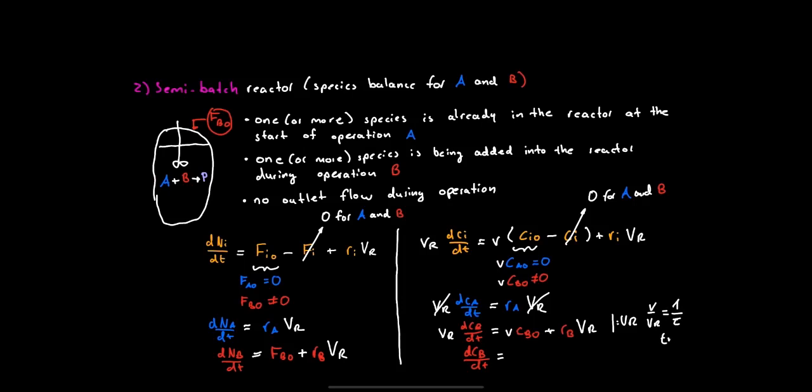I have seen the term tm in other textbooks, but here we will just stick with tau. So this is equal to 1 divided by the mean residence time times the concentration of the species B at the inlet plus the reaction rate of species B.